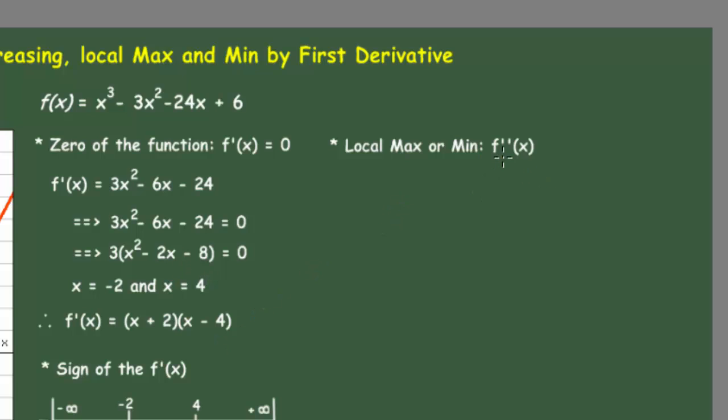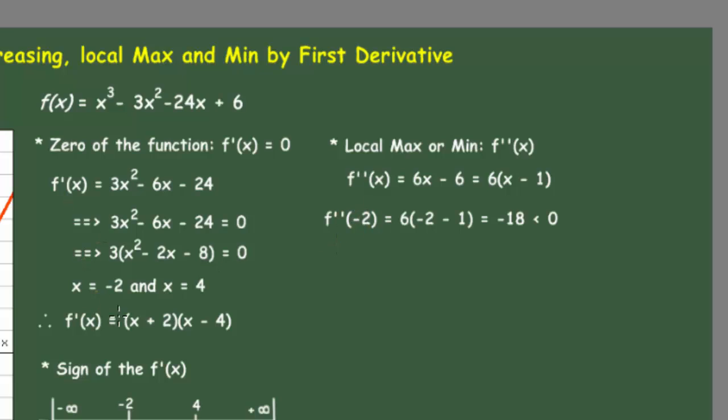And to do that, we need to take the second derivative of the function and plug our 0 values into it to test it. The second derivative of the function is 6x minus 6, or I can factor it as 6 times (x minus 1). So we start with the second derivative at minus 2, f prime prime of minus 2.